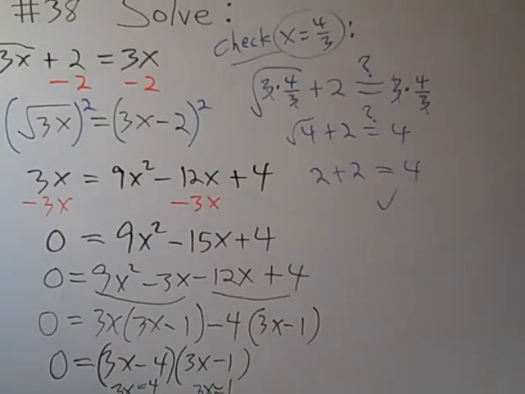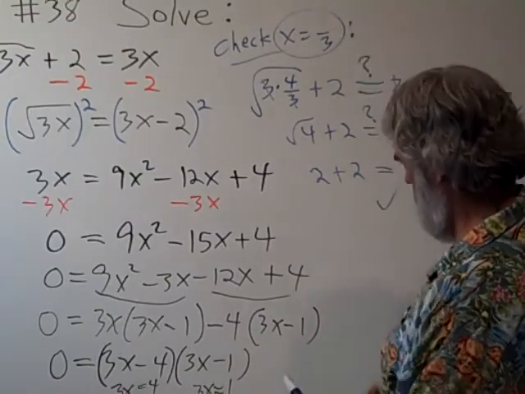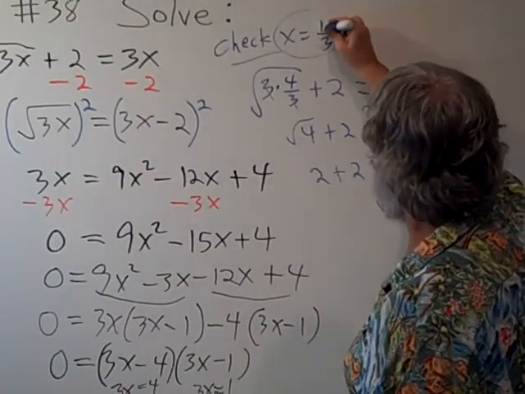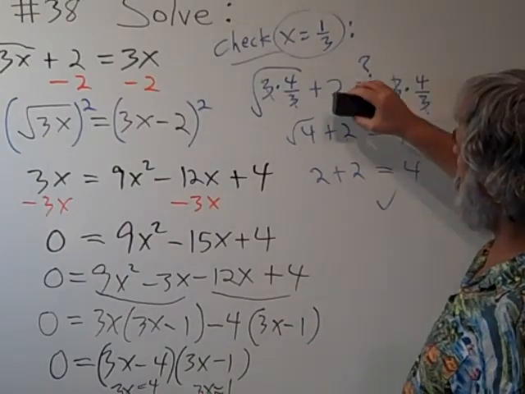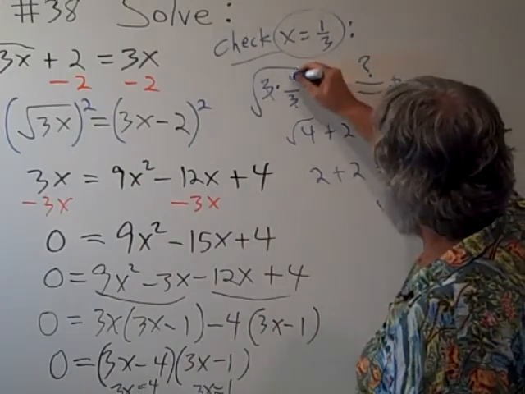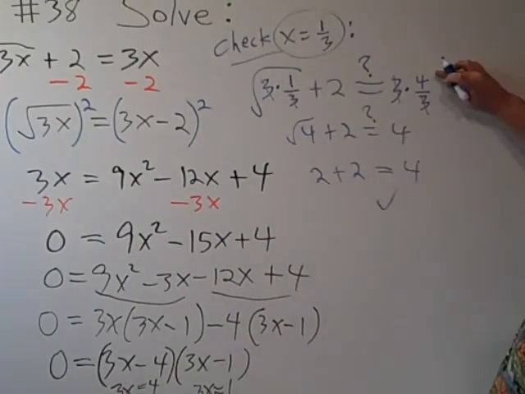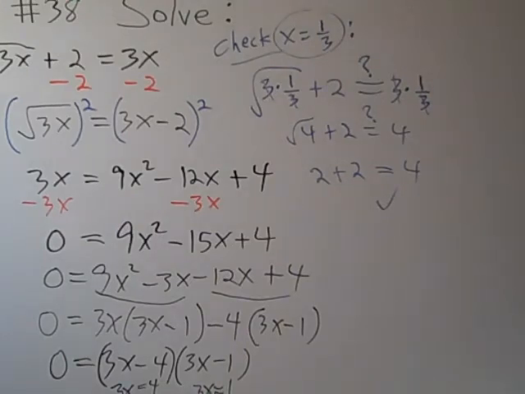But we have to check the other possible solution that we found, which is x equals 1/3. Let's see if that one is a valid solution too. So instead of 3 times x being 3 times 4/3, it's 3 times 1/3. And over here, 3 times x is 3 times 1/3.